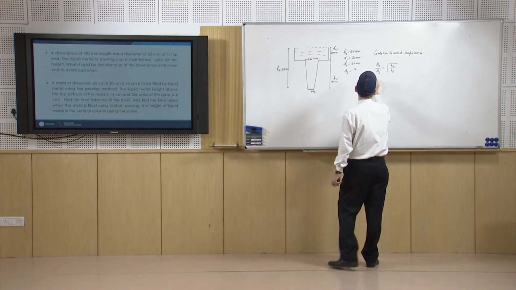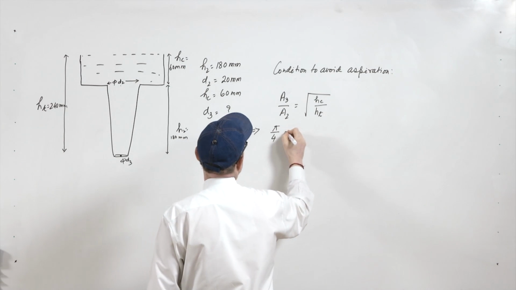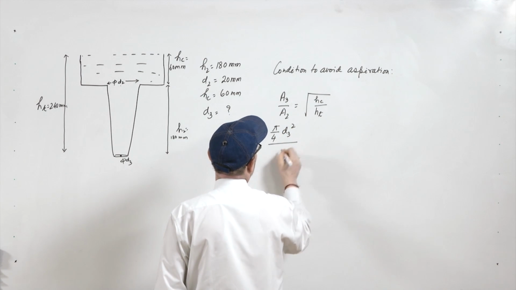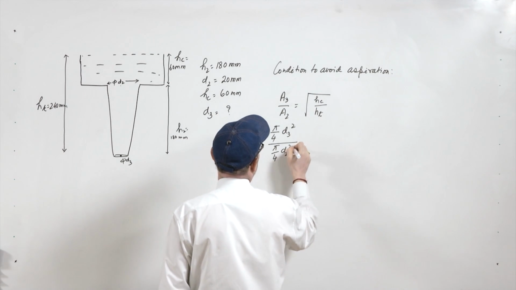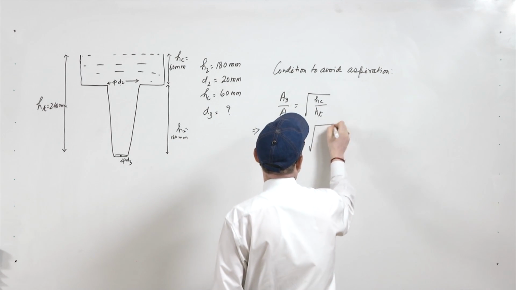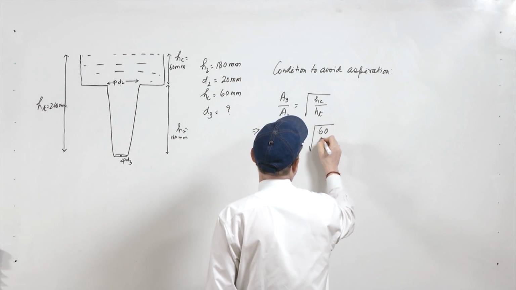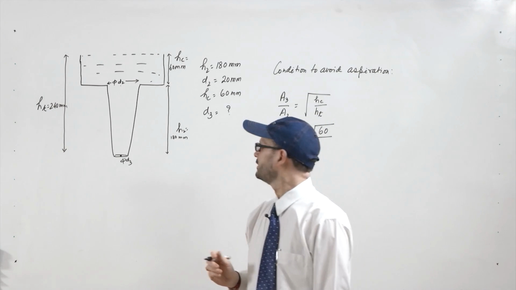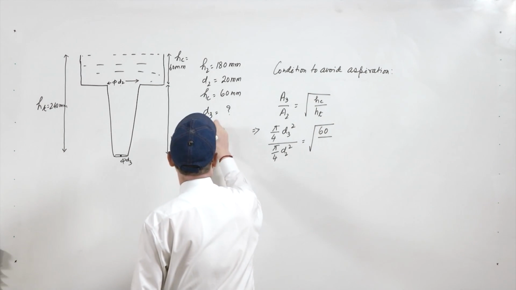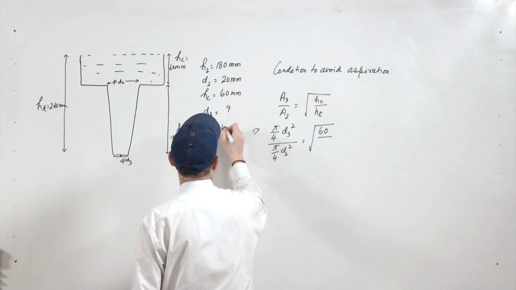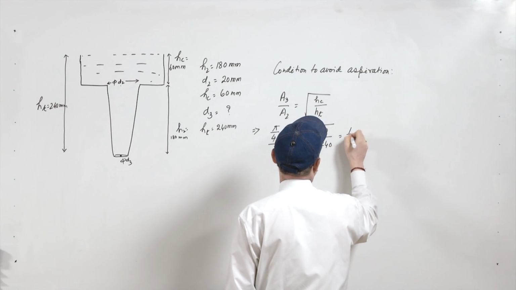So, A3 upon A2 is pi by 4 D3 squared divided by pi by 4 D2 squared, which equals the square root of HC upon HT. HC is given as 60 and HT is given as 240 mm, so 60 upon 240, and this comes out to be 1 by 2.